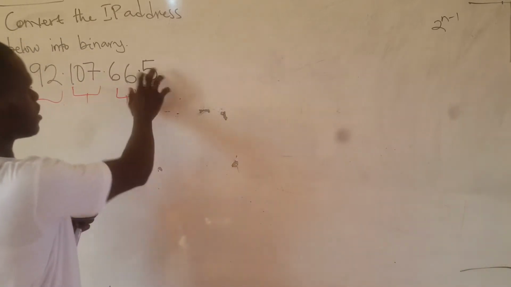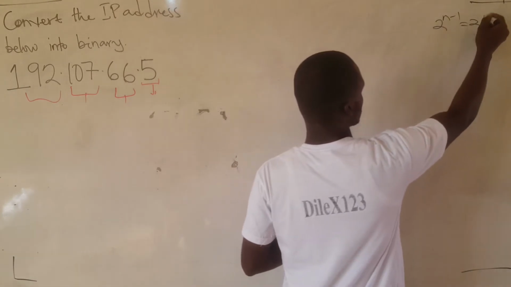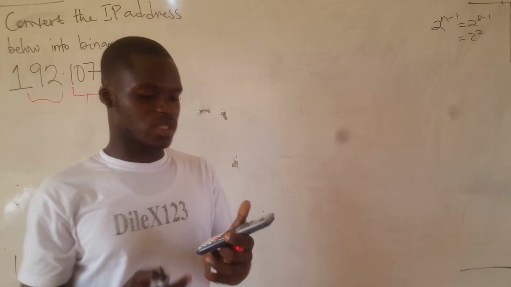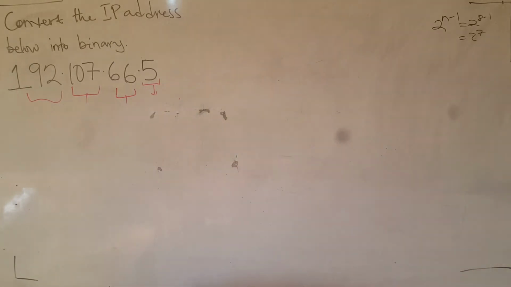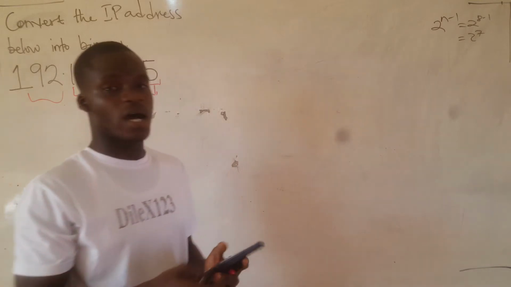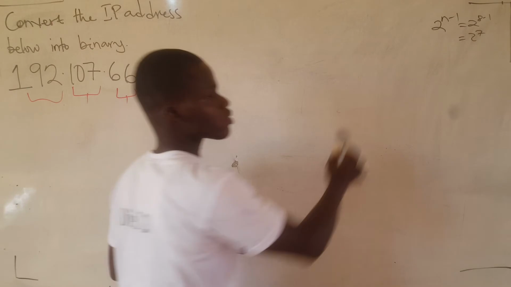We want to represent each of the numbers in 8 bits, so n is 8. So we have 2 exponent 8 minus 1, which is 2 exponent 7. When you press 2 exponent 7 on the calculator, you have 128. So that's what I'm going to use to solve my question.